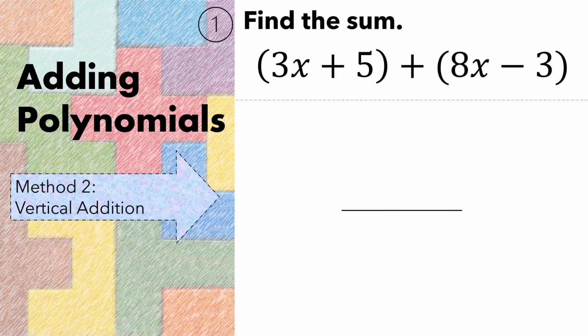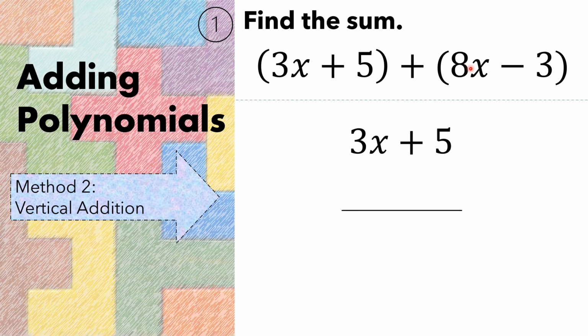Method 2, using vertical addition. Sometimes it is also called column addition. With the same example, copy the first polynomial 3x plus 5 and align the like terms.